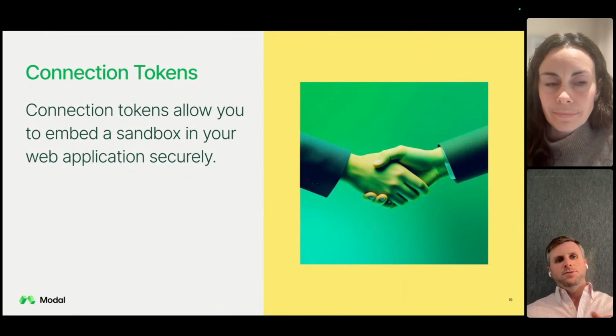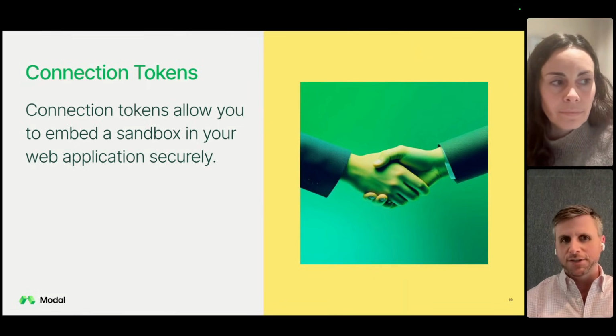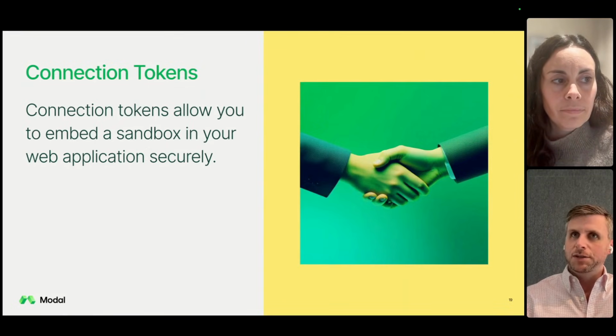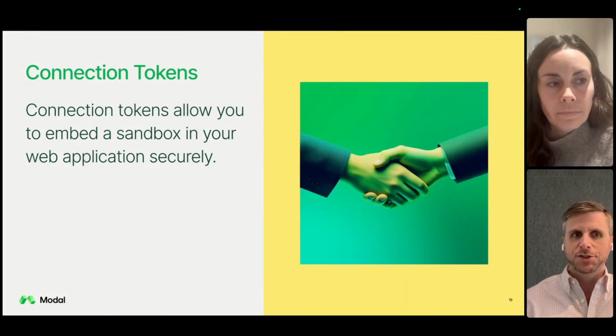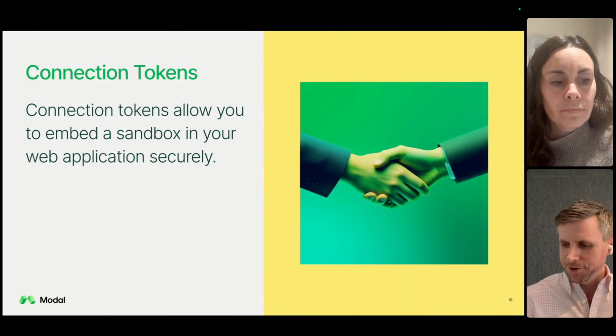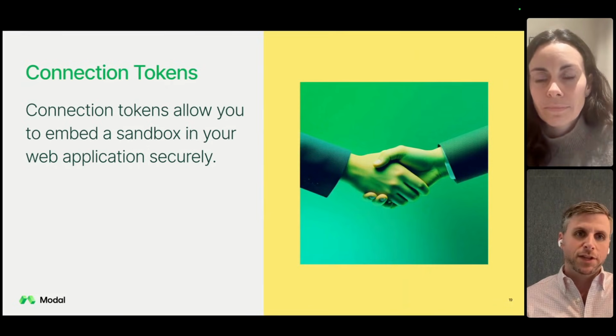And another way people access these sandboxes is with connection tokens. So this is a security feature. I mentioned you can embed the sandbox server inside an application like a vibe coding app. But if you just do that naively by using tunnel URLs, which is what a lot of demos do, including other providers' demos, you end up exposing yourself to a security flaw because those host names are sent over plain text over the internet.